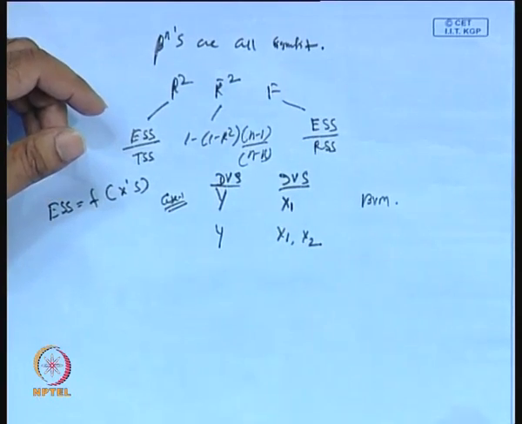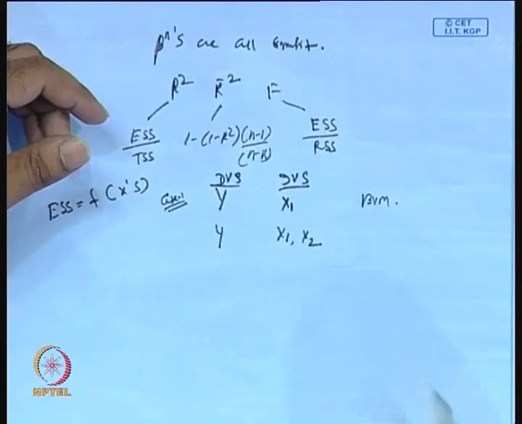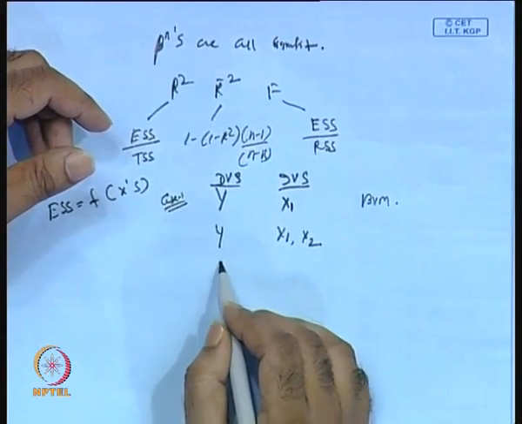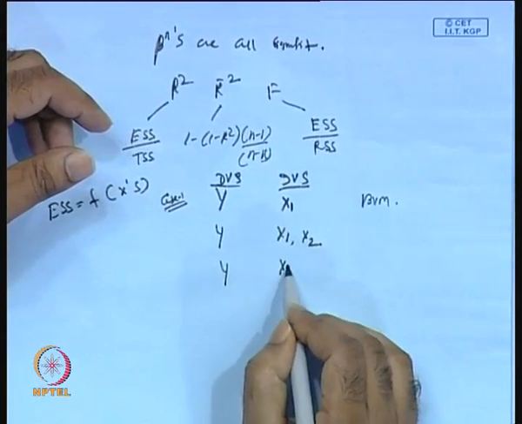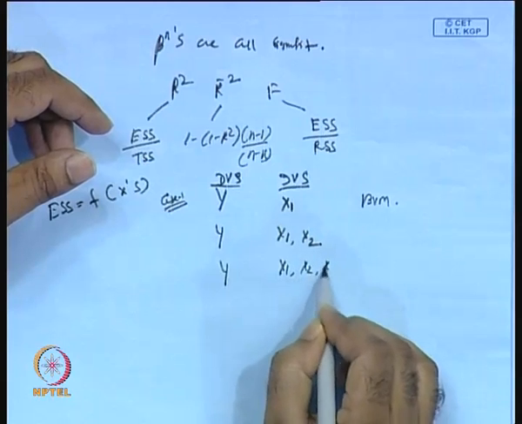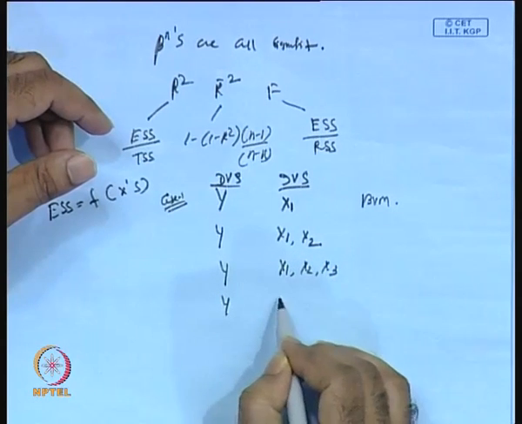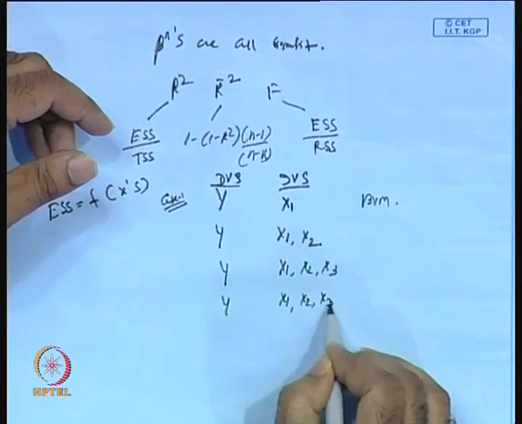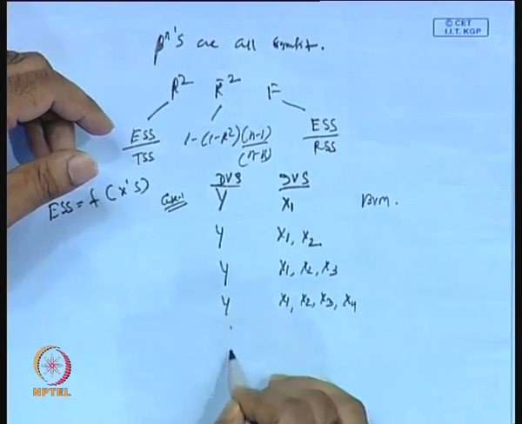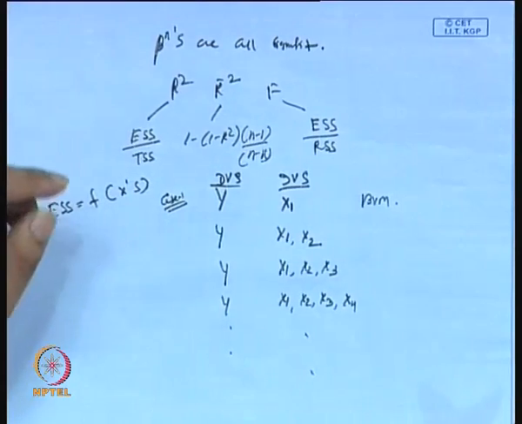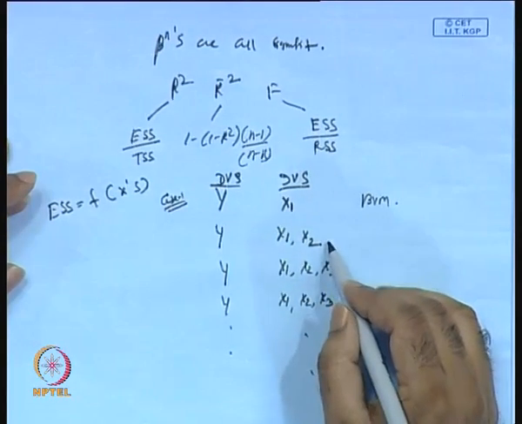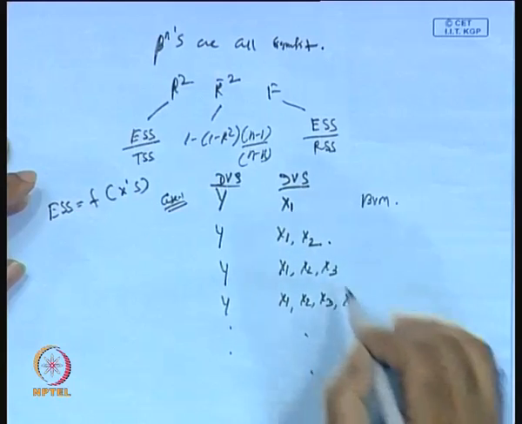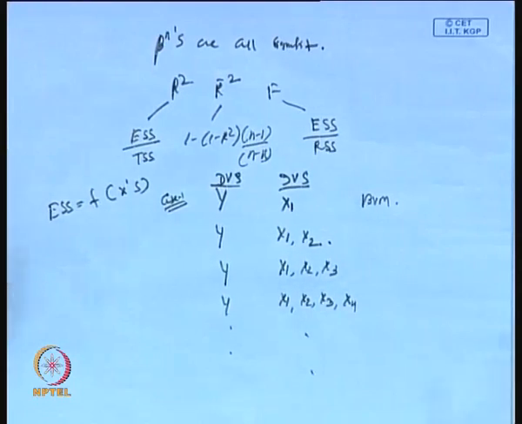We try to increase variables one after another in the system. In the third case it is x1, x2 and x3. In the fourth case y is x1, x2, x3, then x4. It will continue like this. So this is a bivariate system, then a trivariate system, and accordingly it will increase, and we will call it a multivariate system.